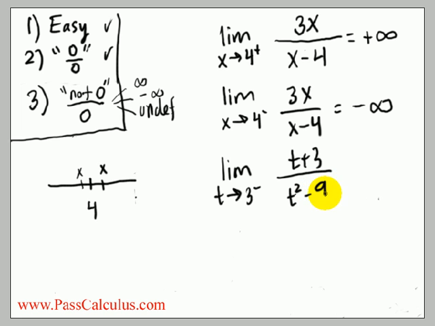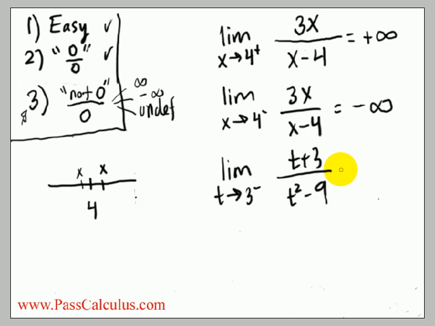We could use a little bit of algebra here, but notice when I put 3 in here, I get 6 on top, 3 plus 3 is 6, and 6 over 0 on the bottom, since 3 squared is 9 and 9 minus 9 is 0. So we know that we're in type 3.